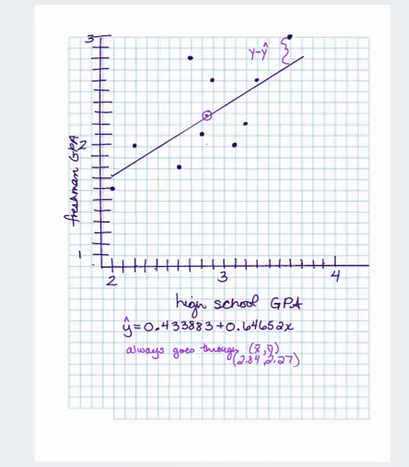So maybe we could put this down here. An unexplained deviation or an unexplained error there.